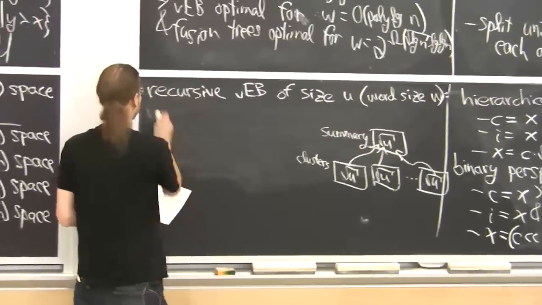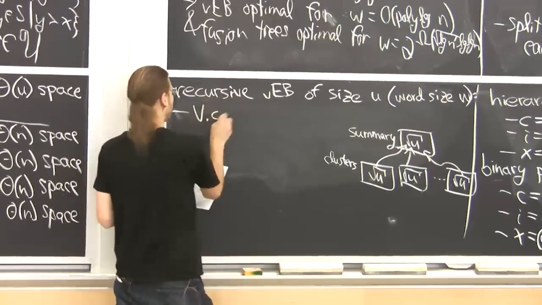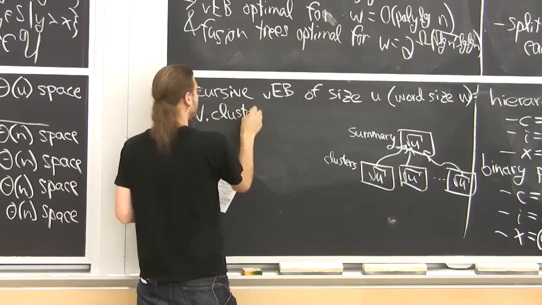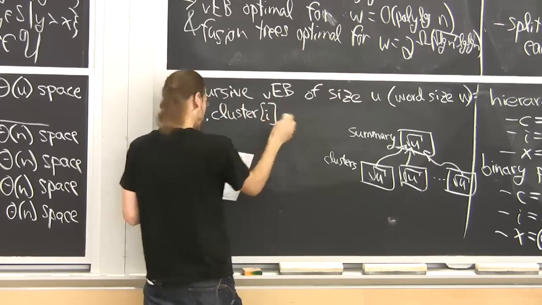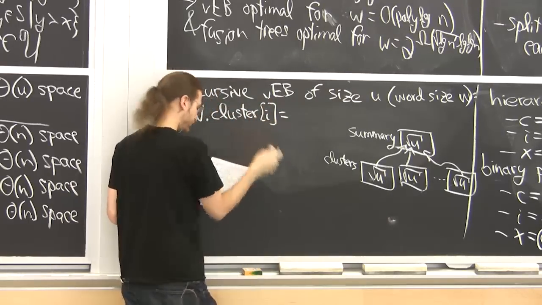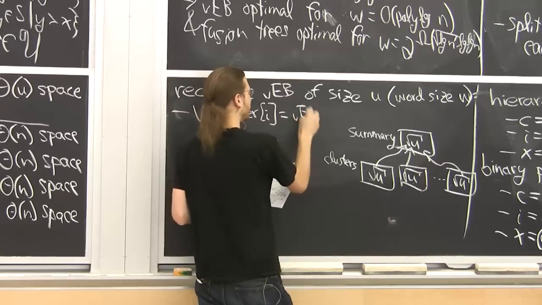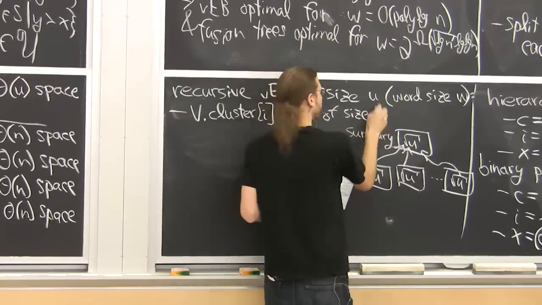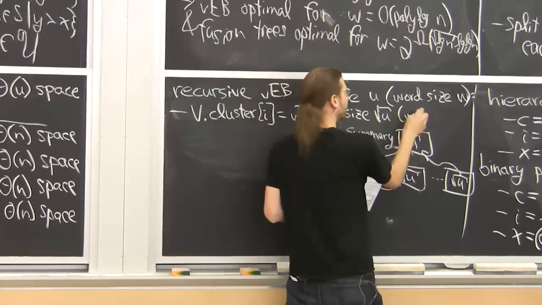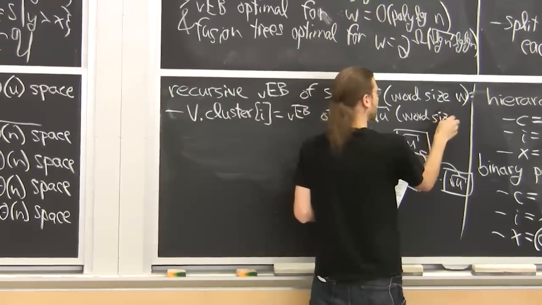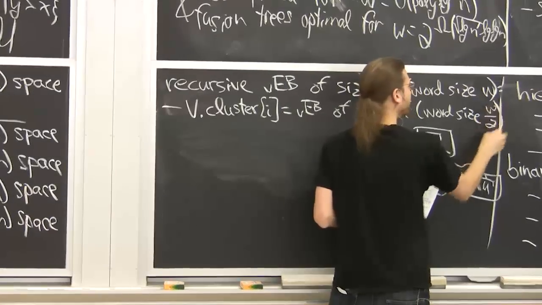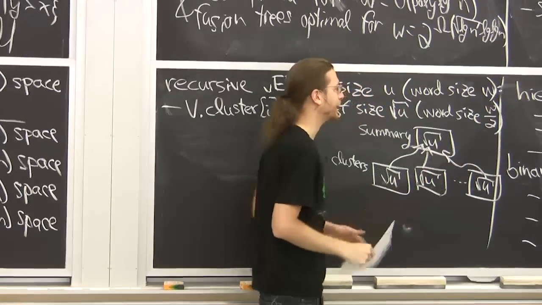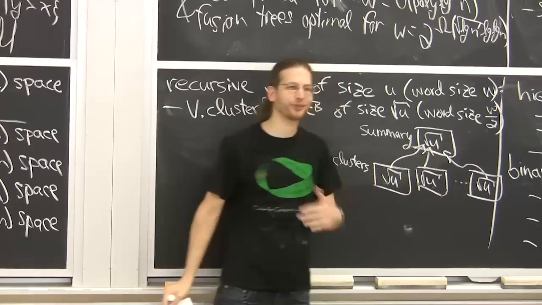All right, so formally, or some notation, cluster I, so we're going to have an array of clusters, is a van Emde Boas thing of size square root u and word size w over 2. This is slightly weird because the machine, of course, its word size remains w.